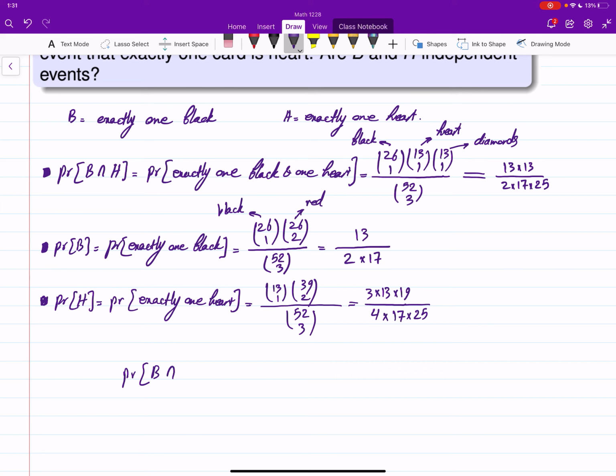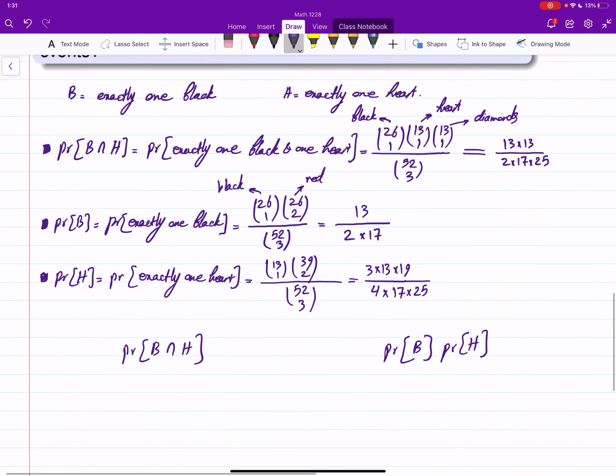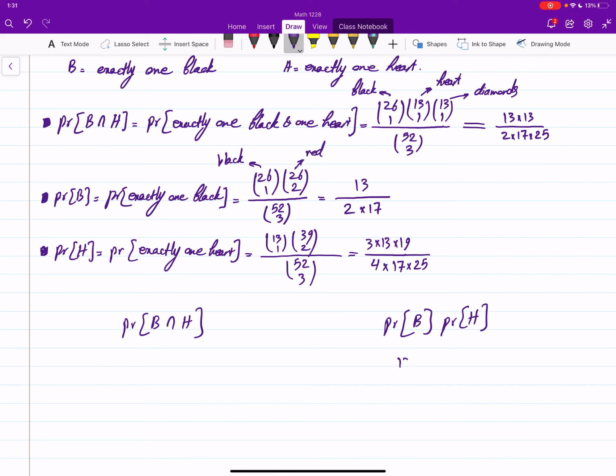But the point now is, is the probability of the intersection BH equal to probability of B times the probability of H? On the right hand side we have 13 over 2 times 17, multiplied by 3 times 13 times 19 over 4 times 17 times 25. On the left hand side we have 13 times 13 divided by 2 times 17 times 25.